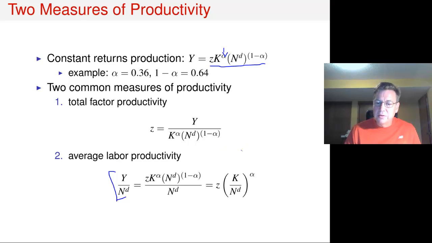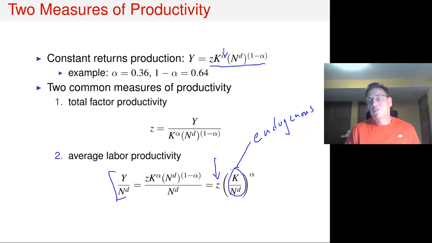But the drawback to average labor productivity is that while it does depend on something that is exogenous and outside our model, this total factor productivity, it also depends on this capital labor ratio. And this thing is endogenous.